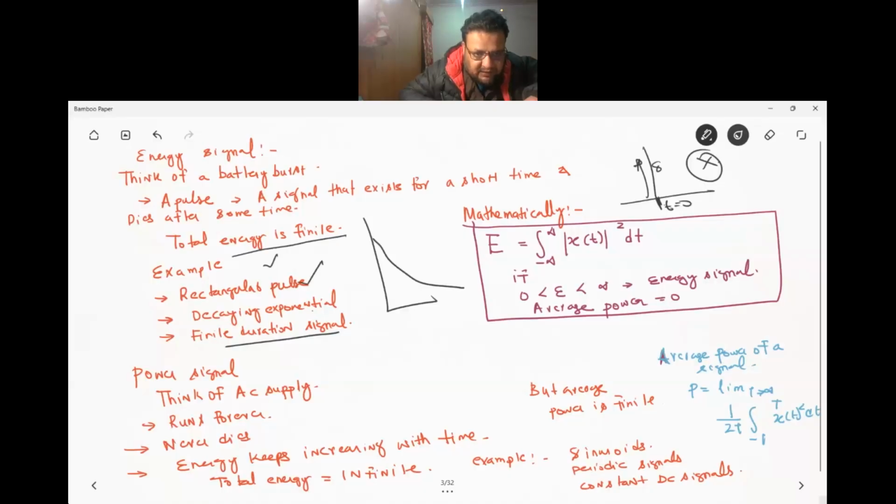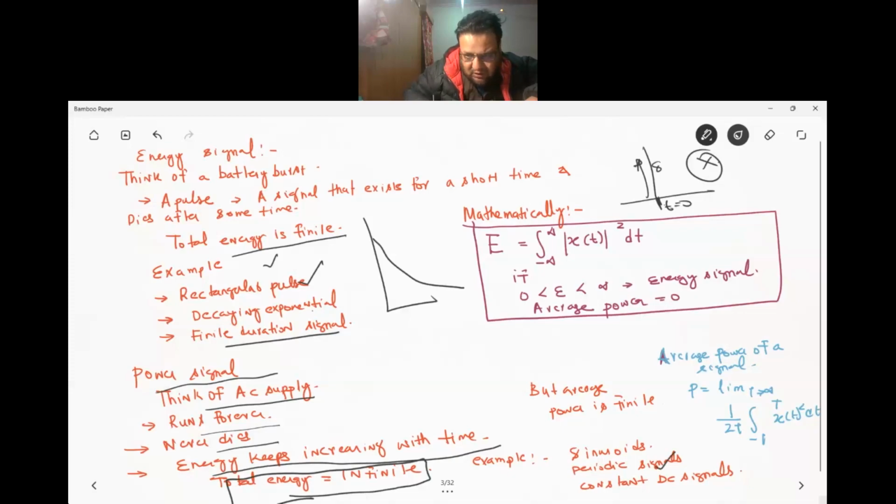Now, a power signal is like an AC supply that runs forever and never dies. Energy keeps on increasing with time. Total energy is infinite. Any sinusoidal signal, or periodic signal, or a constant DC signal has infinite energy. So mathematically, the energy of a signal is integrated from time minus infinity to infinity.